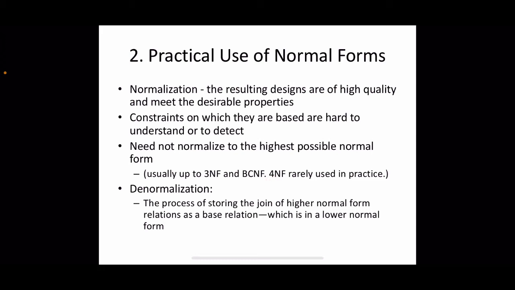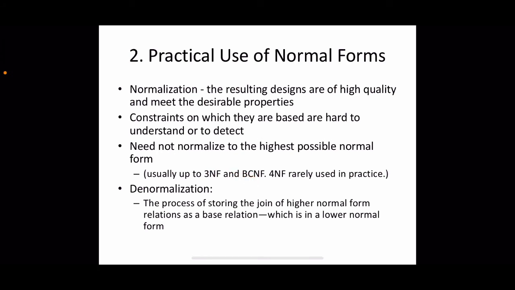The reason is that the constraints on which the higher normal forms are based are rare and also hard for database designers and users to understand. So usually we will do the normalization up to 3NF and BCNF.